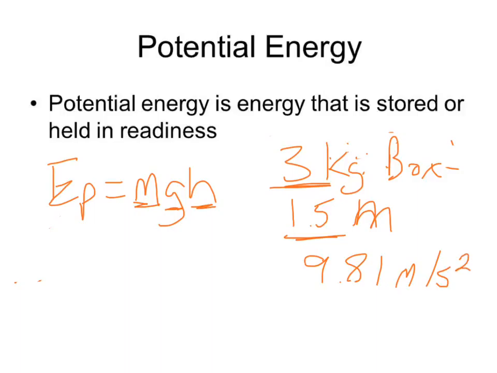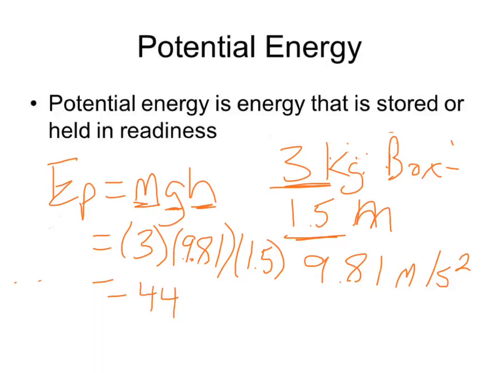So therefore we put this into our formula, mass 3, gravity 9.81, and our height 1.5, and if we put that through in our calculator, we would get 44.1 joules, because energy is represented in joules. So there's just a way to calculate the potential energy using the potential energy formula of mgh.